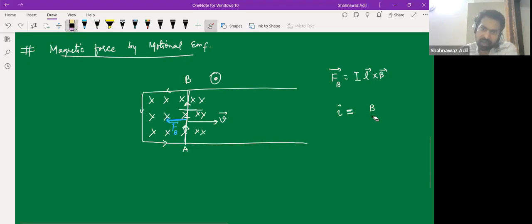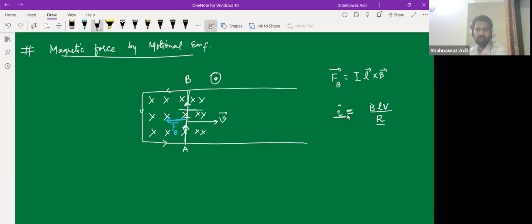Let us just write the magnitude, forget about the direction. So my current is BLV by R. Resistance is fixed, magnetic field is fixed, the length of the wire is fixed, this V is changing. This is decreasing and this is going to be zero. So if this V is changing, my current is changing, right? Fluctuating.